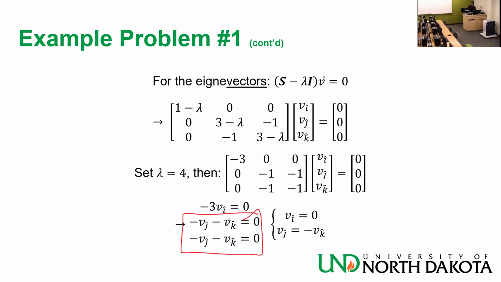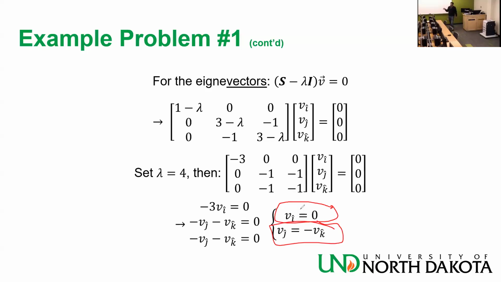Those are the same. So I get rid of one and I'm stuck with the other one. So what I have now is 2 sort of broad equalities for the vector that I'm looking for: Vi is equal to 0 and Vj is equal to minus Vk.